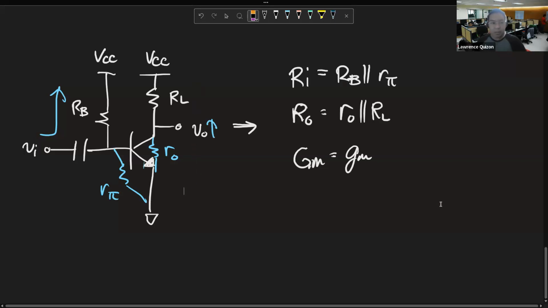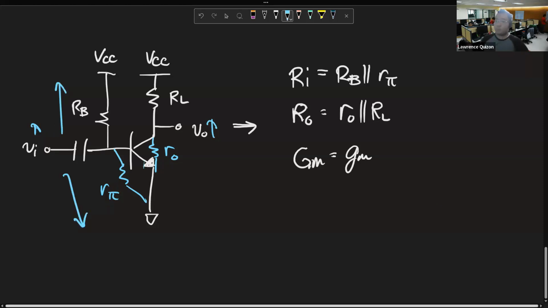When we increase V in, current flows up there and down here. Via superposition, by the way. Via superposition, it still works in DC, the analogy, the intuition still works. Via superposition, you turn off VCC. So the current will go up if you increase V in, right? So that's it.